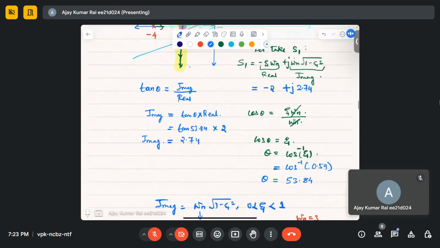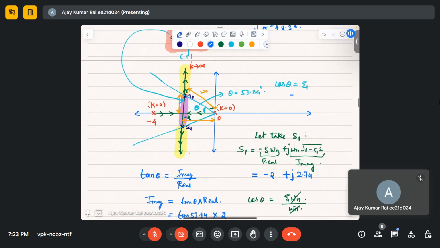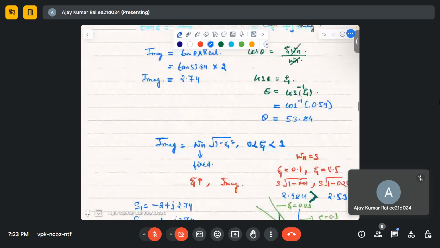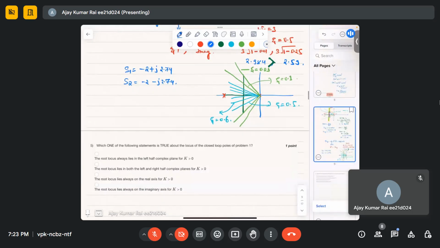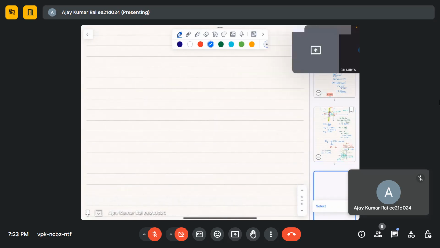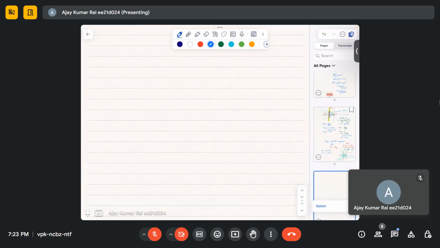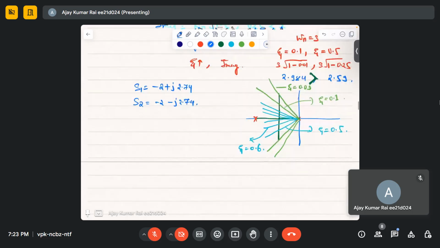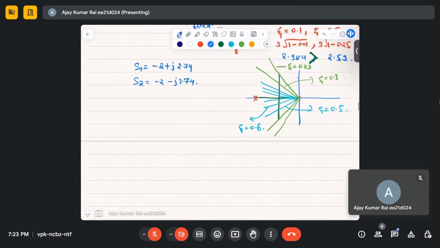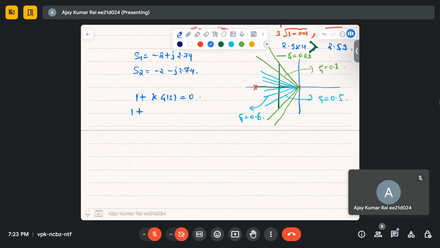Now what we have to find out is the value of K. How to find the value of K? Again, same thing. We have to use 1 plus K into GS equal to 0.